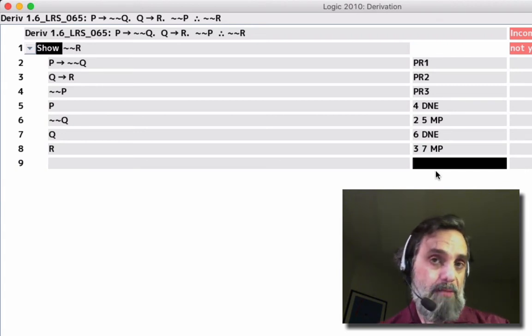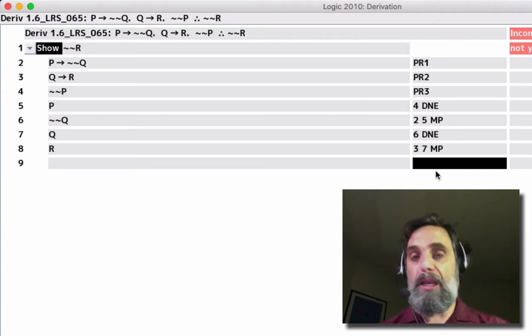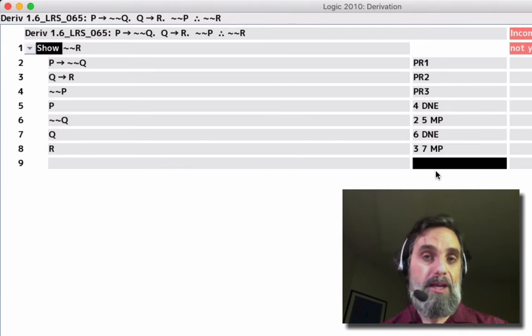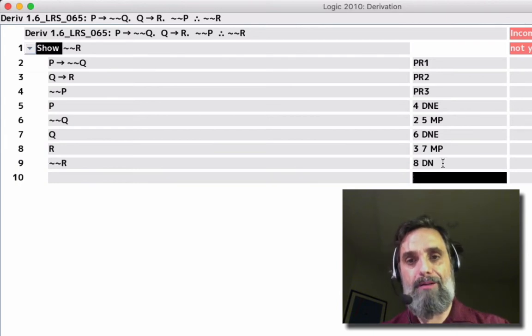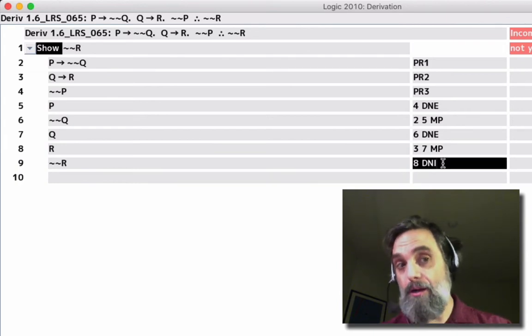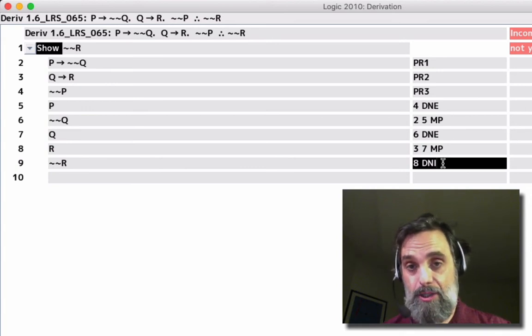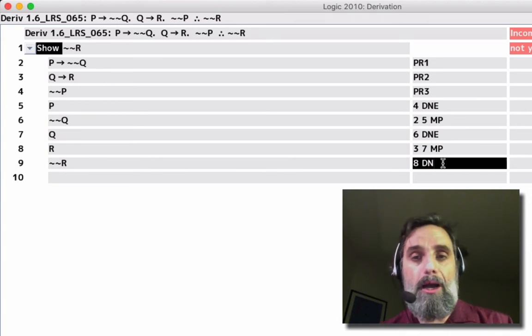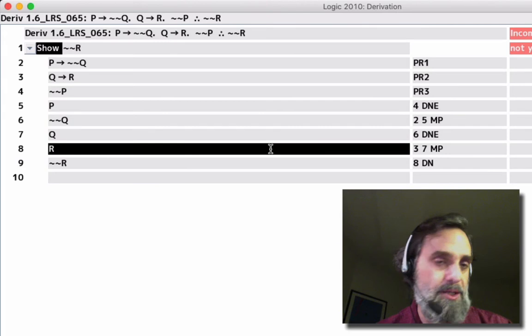Do we have what we need to box and cancel? Not officially, because we need negation R, and we don't have that yet. But we can apply double negation to line 8 to give us negation R. We're doing DNI here, right, because we're introducing a double negation. But we don't have to write the I because there's no double negations to eliminate from line 8.